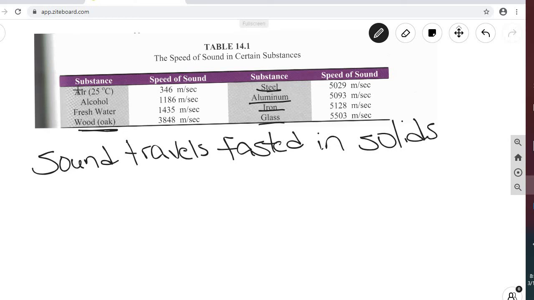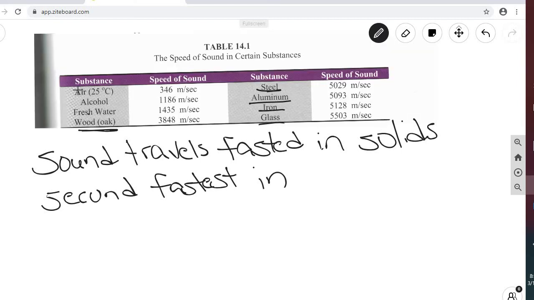Then you'll notice if we look at alcohol and water, those are liquids. So it travels second fastest in liquids. Here it's traveling at 1,400 meters per second, 1,100 meters per second in liquids. And then sound travels the slowest in gases.